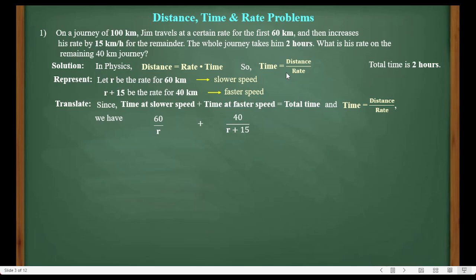Since the total time of the journey of Jim is 2 hours, this expression is to be equated to 2. As a result, the formulated mathematical equation is actually a rational algebraic equation which can be transformed to a quadratic equation in standard form.